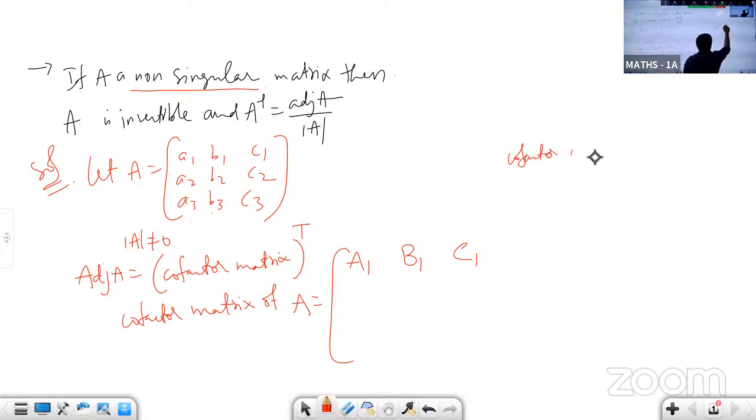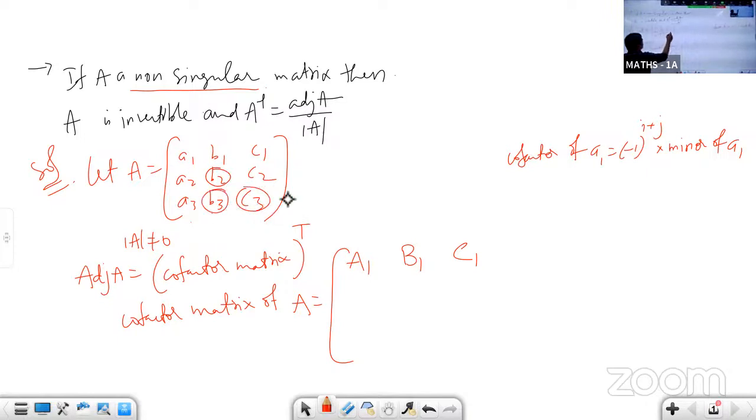Cofactor formula of a1 is nothing but (-1) to the power i plus j into minor of a1. And what is the minor? Leave the row and column in which a1 is present. So b2 c3 minus b3 c2. Is it clear? This is how you are going to find a cofactor.